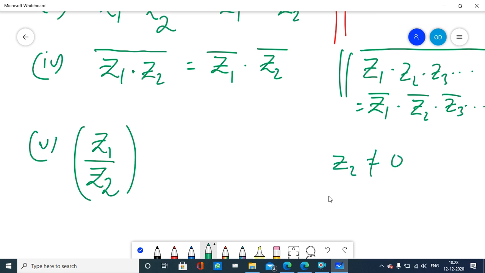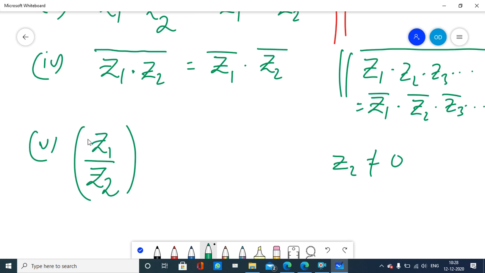Here z2 is not equal to 0, because if the denominator is equal to 0, then the fraction collapses. It becomes undefined. The fraction doesn't make any sense if the denominator is equal to 0. Just like in the case of real numbers, you cannot divide any real number by 0. The denominator of a fraction can never be equal to 0.